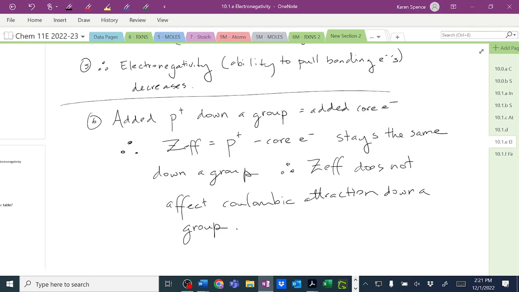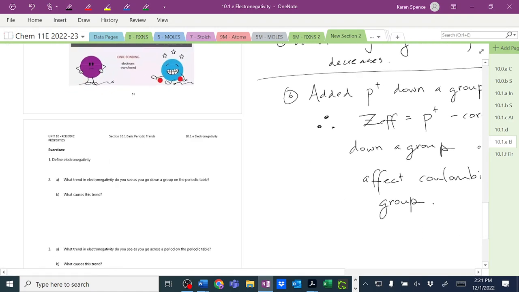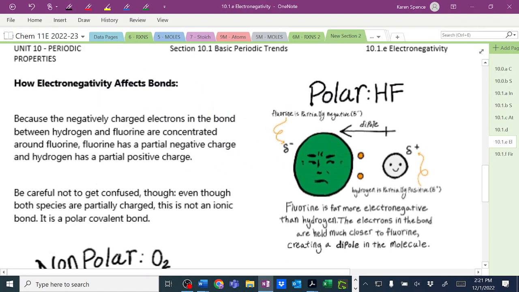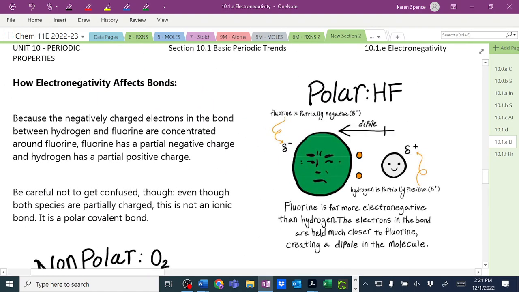Okay, so how are we feeling about electronegativity trends? Pretty good? All right. The only other thing is how it affects bonds, and I think we've already talked about this a fair amount.